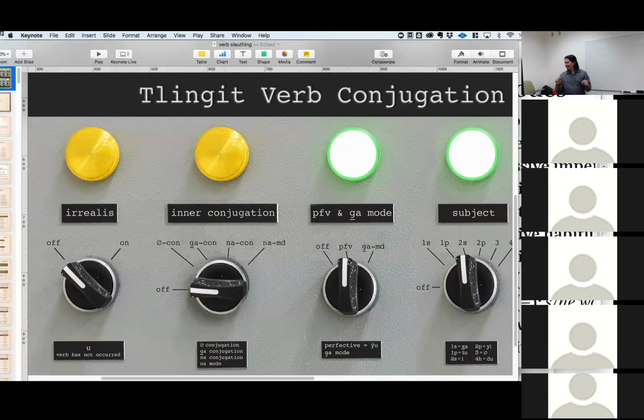Oh, yay. So we turn that perfective marker on. It's not like the ED in English, which means it's past tense. In Tlingit, the perfective marker means we're talking about this thing purely as to whether or not it happened. So now we could go plus or minus. Say it did happen, didn't happen. That's all we're doing. It's not about time.